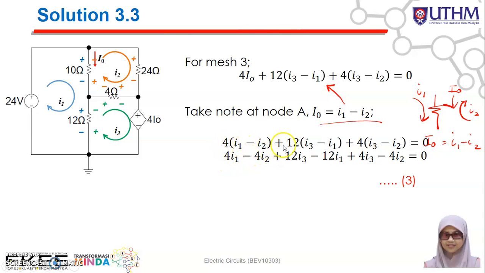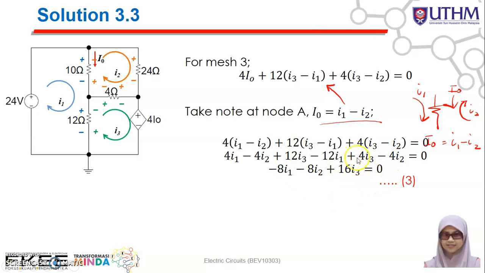4I1 minus 4I2 plus 12I3 minus 12I1 plus 4I3 minus 4I2 equal to 0. And then after that we can rearrange it so that here you have 4 minus 12 is equal to negative 8I1, and then negative 4I2 minus 4I2 becomes negative 8I2, plus 12 plus 4 is equal to 16I3, equal to 0.